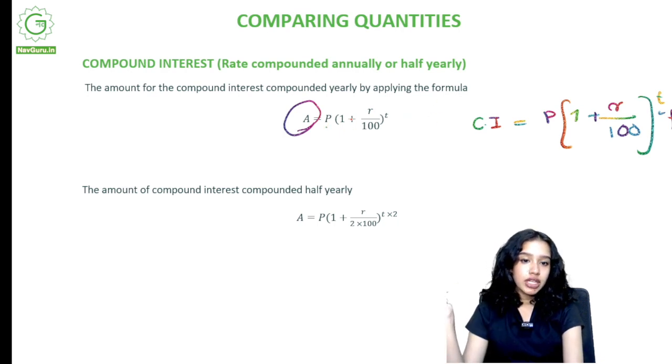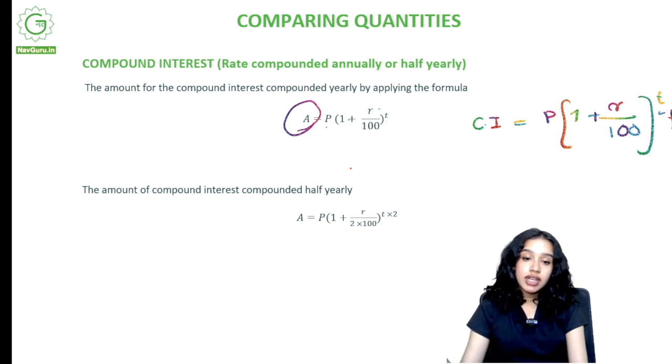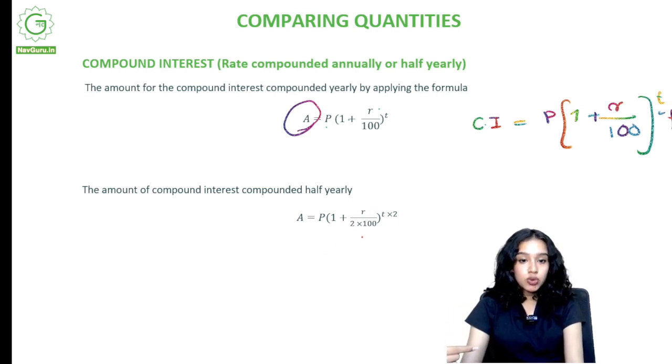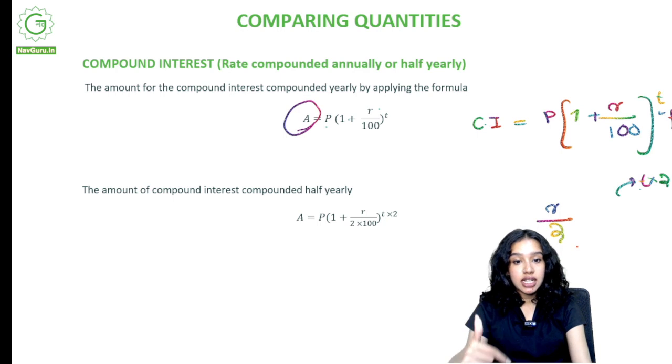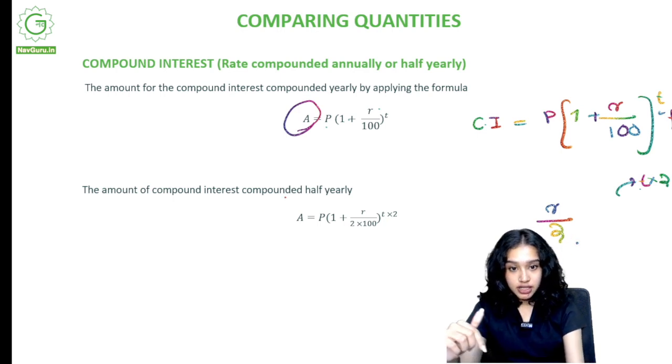So we have P into (1 plus R by 100) whole raised to T, the amount of compound interest compounded half yearly. So when it's half yearly, the rate is divided by 2. The rate becomes R by 2 and the time is multiplied by 2. Why? Because it was once in a year, now it becomes twice a year, but the rate reduces to half, right?